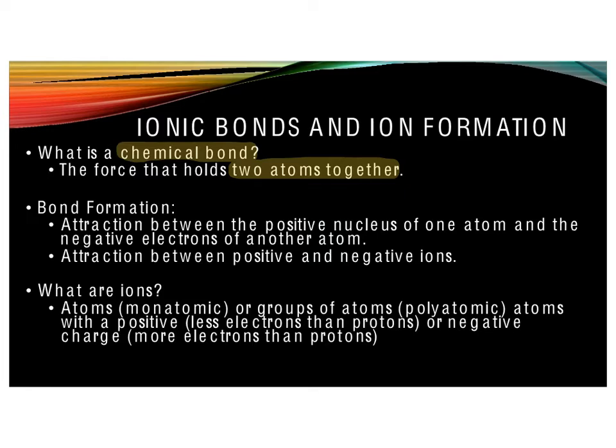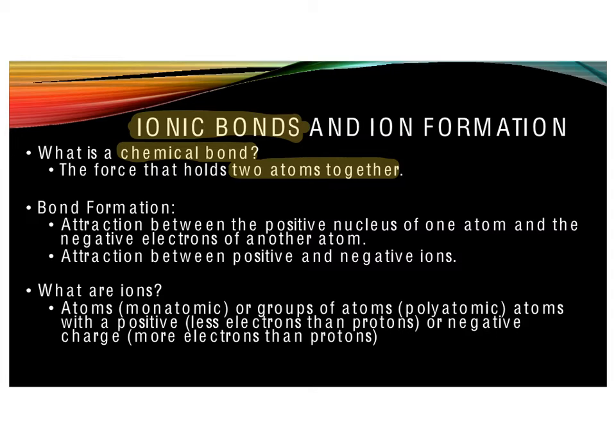And when we start talking about ionic bonds, it gets even a little crazier. So bond formation, at least in terms of ionic bonds, and ionic bonds involve ions. You can see the word ion right at the start of ionic.